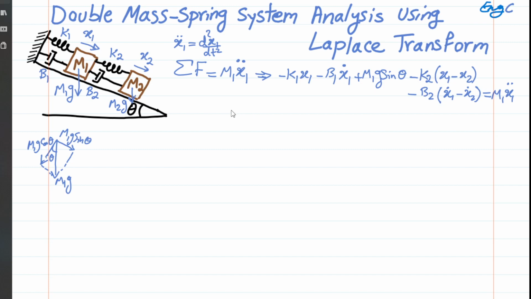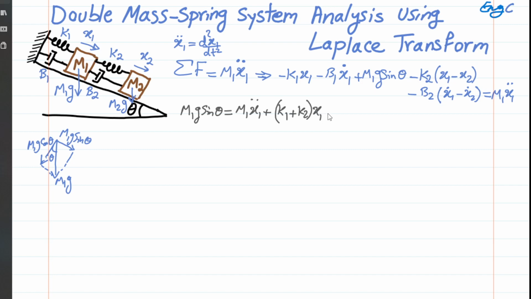But if you want to make it cleaner, one thing I can do is rewrite it this way. I'm going to change the color so that it's easier to be seen. So what I can write is keep m1g sine theta on one side, and move everything to the other side of the equation so that it looks nicer. So what we have is m1 x1 dot dot, the second derivative, and then plus all the components. Maybe just to simplify, k1 plus k2 times x1, and what else do I have?